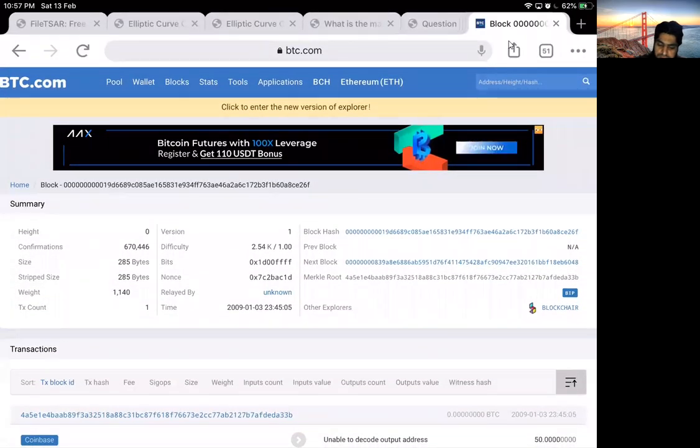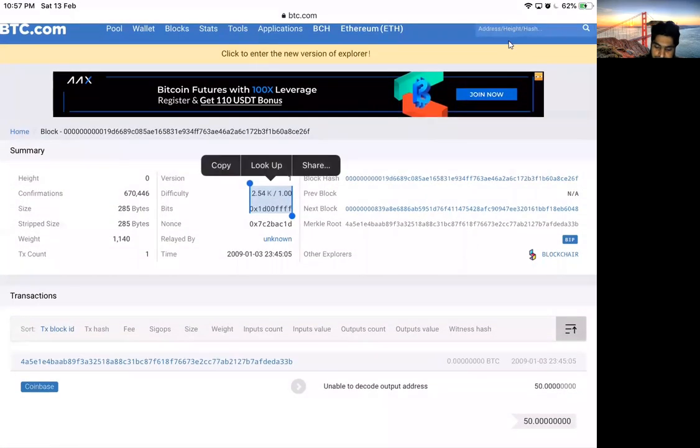And this was the bits that we were using. This was the bits we were using, right? 0x1d00ffff, we have used that.